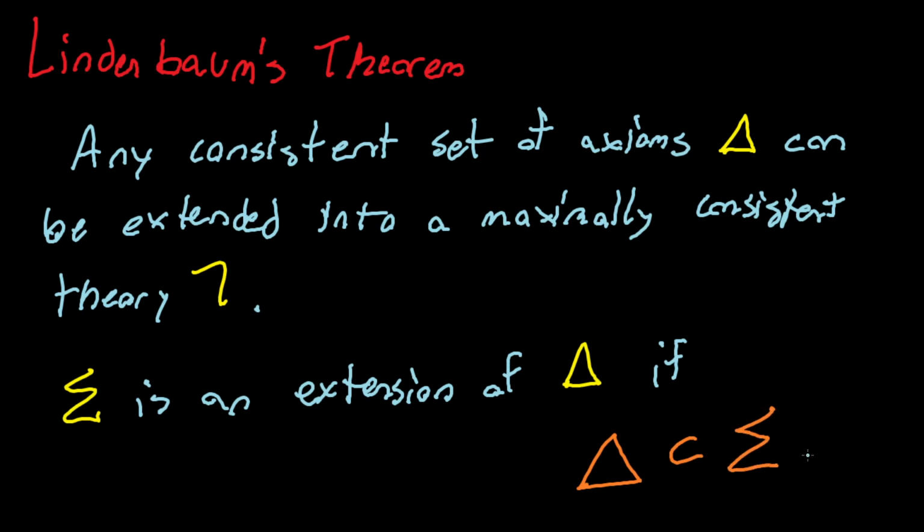So an extension is just, these are all sets of sentences, an extension is just adding more sentences, right? And of course, a consistent extension is just an extension that is consistent, right? Okay. All right. So that's the statement here. And we're going to get into the proof immediately.